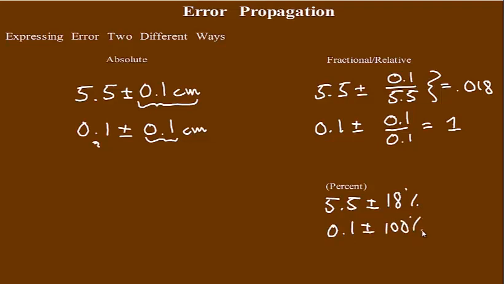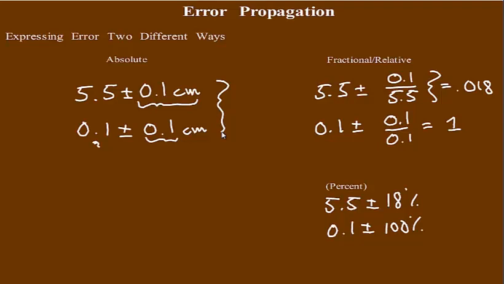So you see the difference there. I think you realize you would not be very confident of a measurement if you had 100% error. So even though the absolute uncertainty between these two measurements is the same, when compared to the measurements that they're connected to, it's a vastly different precision.